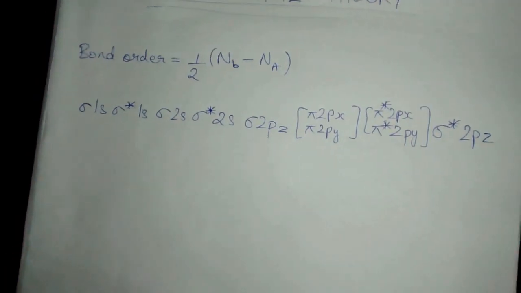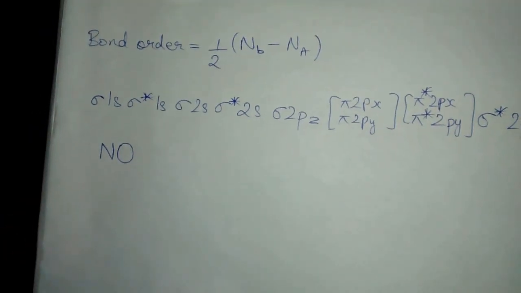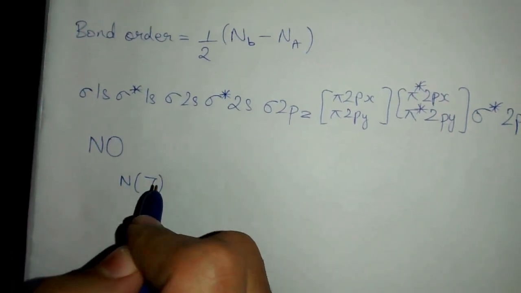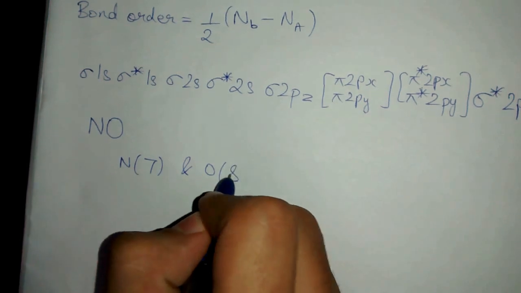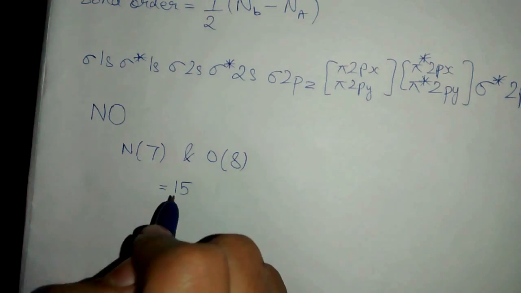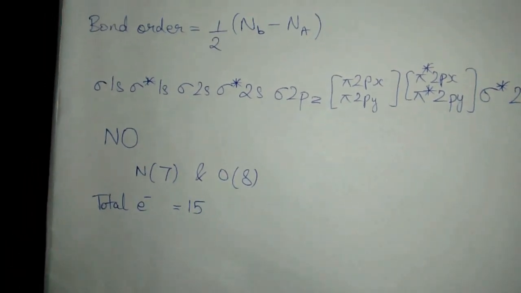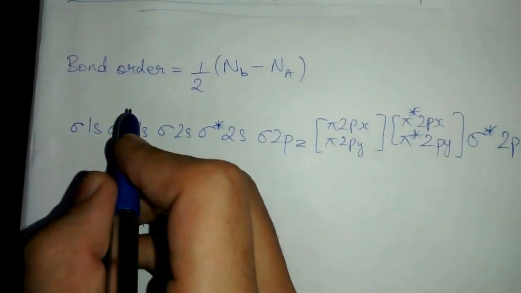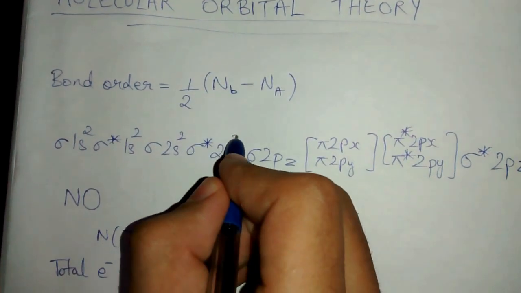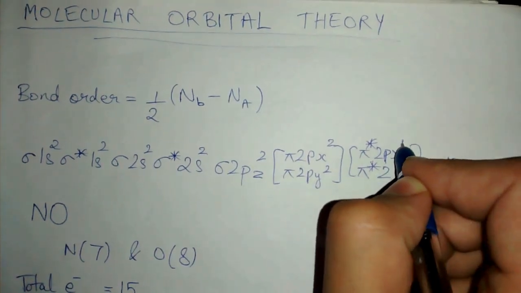Now let me show you an example. For example, we have to calculate the bond order for NO. The atomic number of N is 7 and of O is 8. So the total electrons in NO equals 15. For the bond order, we will fill the electrons in this electronic configuration: 1s2, and so on, up to 15.